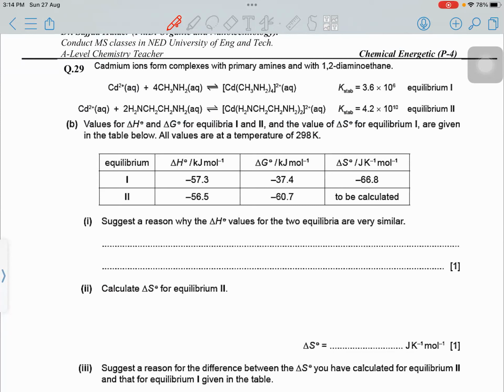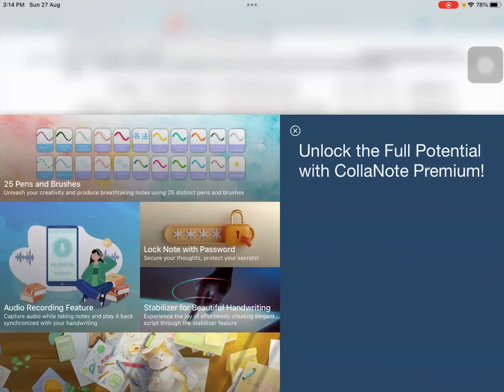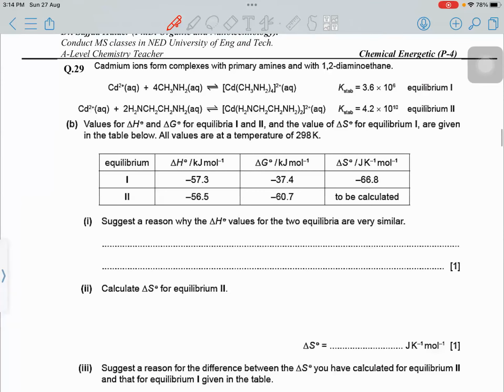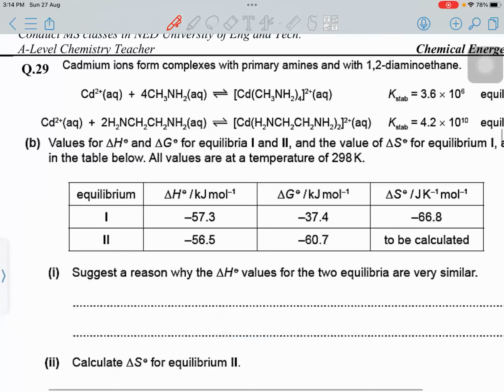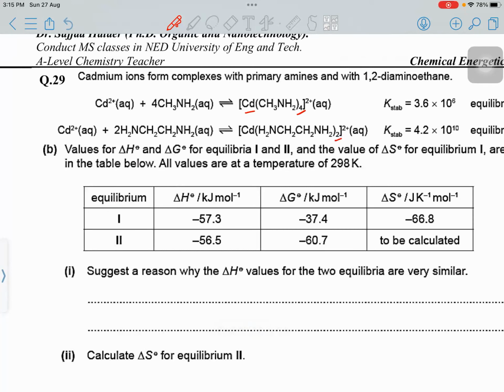So both are equally exothermic. The question is: suggest a reason why delta H values for the two equilibria are very similar. Always remember that delta H depends on bond breaking and bond forming. In equilibrium 1, there are 4 bonds with cadmium, and in this case you also have 4 bonds.